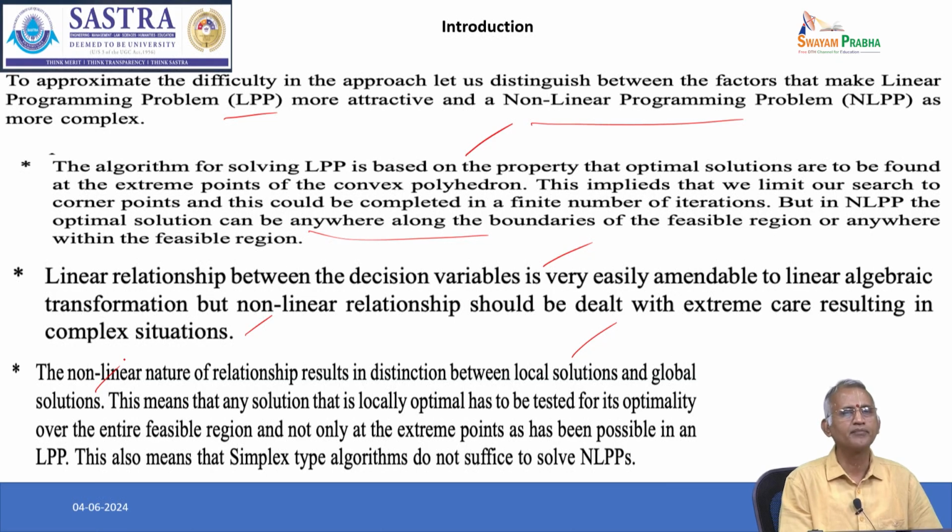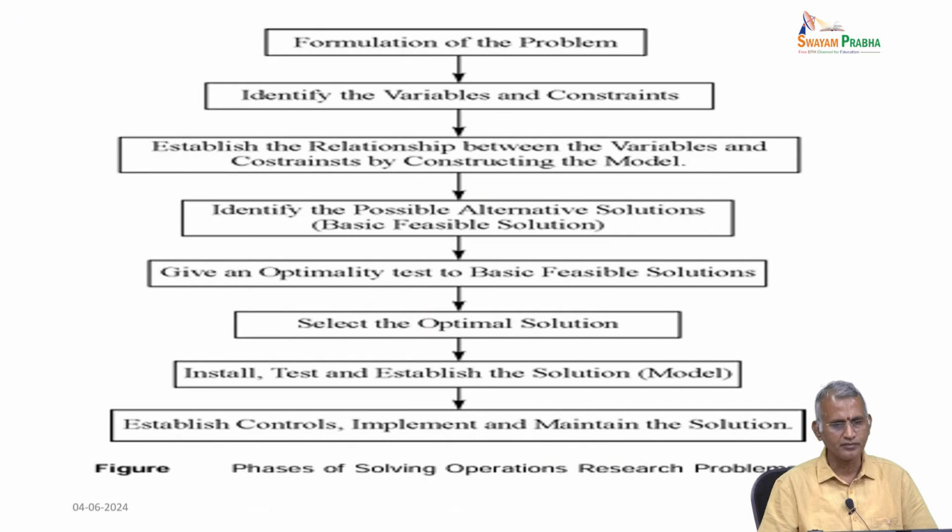This means that any solution that is locally optimal has to be tested for its optimality over the entire feasible region, and not only at the extreme points as has been possible in an LPP. It also means that the simplex algorithm does not suffice to solve NLPPs.